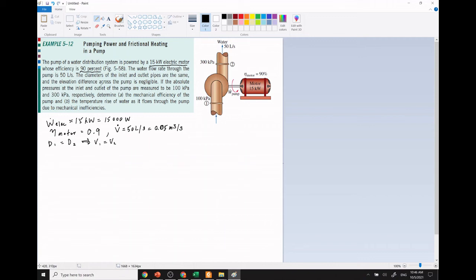And the elevation difference across the pump is negligible. What does it mean? It means that Z1 equals Z2. The difference in height between this point and this point is negligible.